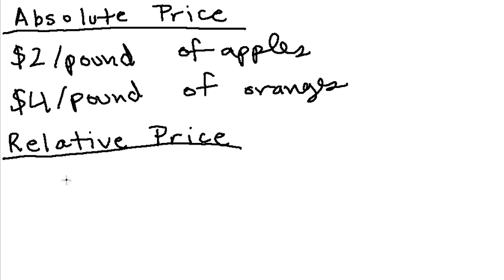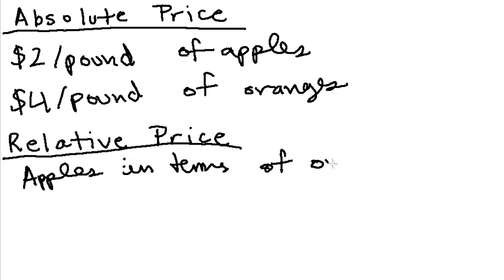Relative price tells us how much of one good we need to give up in order to get a unit of another good. So say we wanted to find the relative price of apples in terms of oranges.